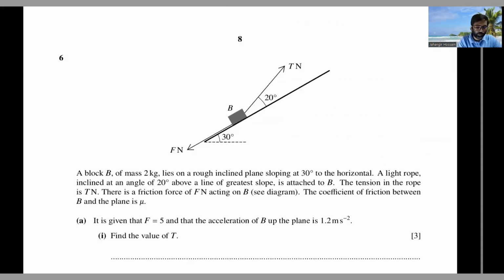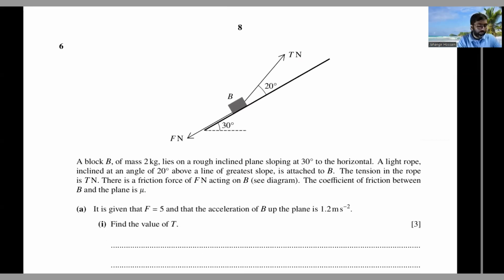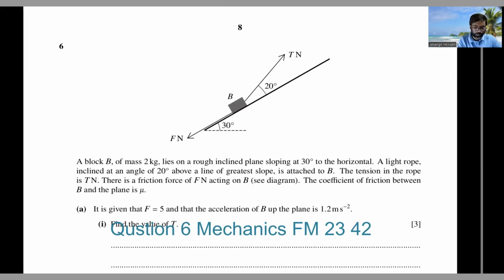Now let's move on to question number 6. In question 6, we have a block B of mass 2 kg. A block B of mass 2 kg lies on a rough inclined plane sloping at 30 degrees to the horizontal.